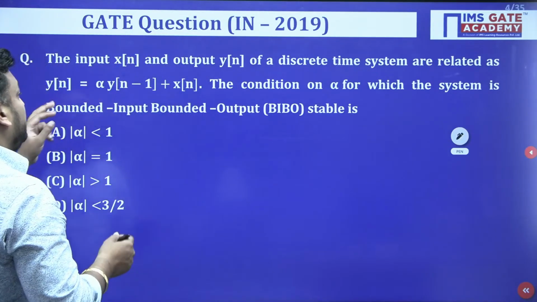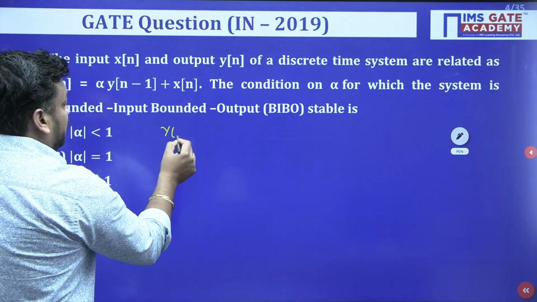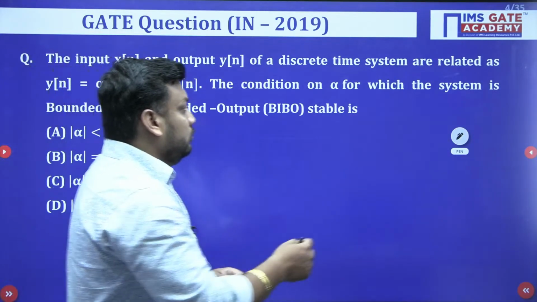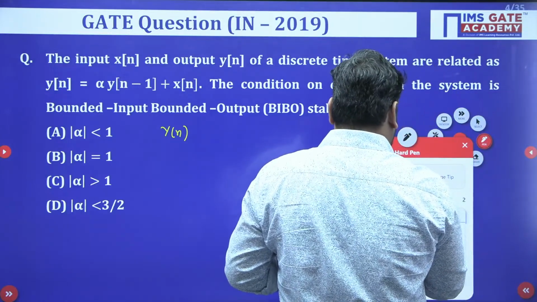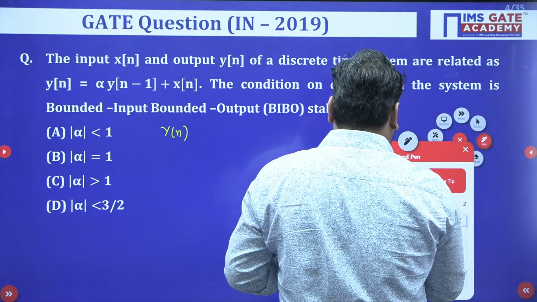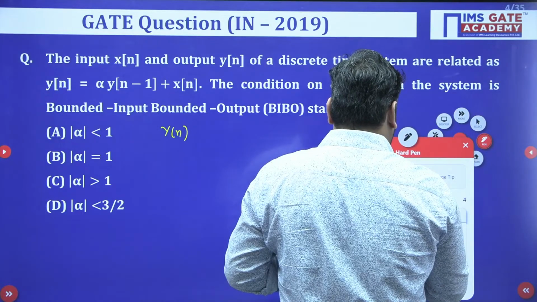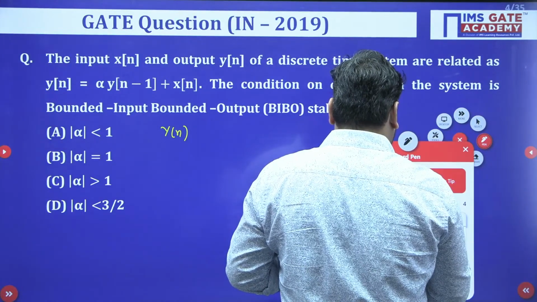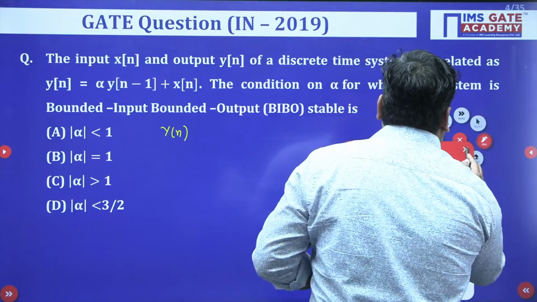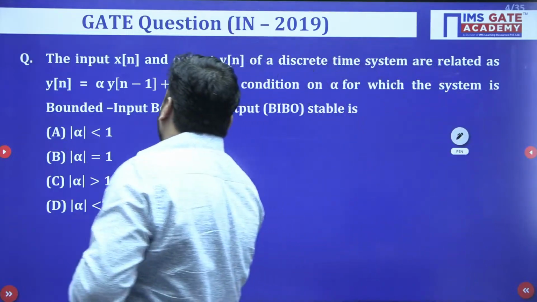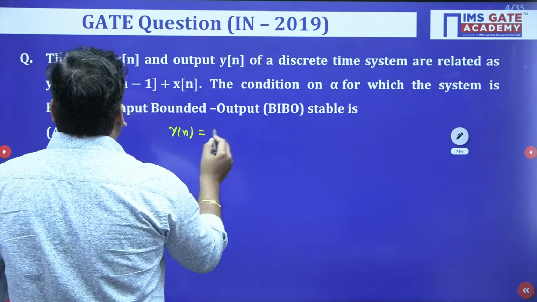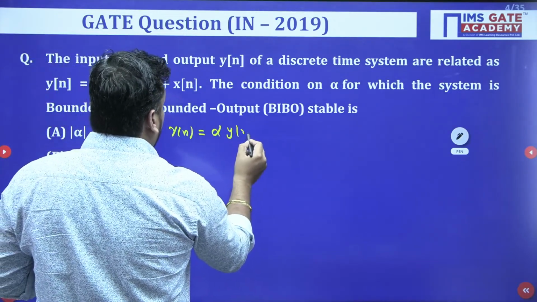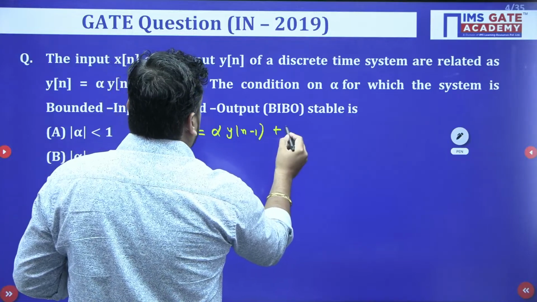So here, if I write this equation, then the equation is y[n] = alpha y[n-1] + x[n].